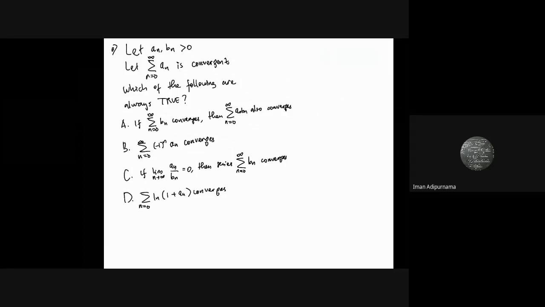And I think in terms of this type of question, there are several things that you might want to start with first. For example, option B is easy to be determined, right?